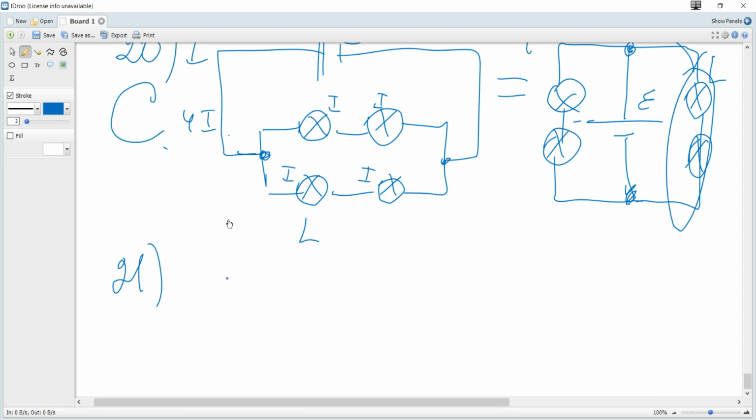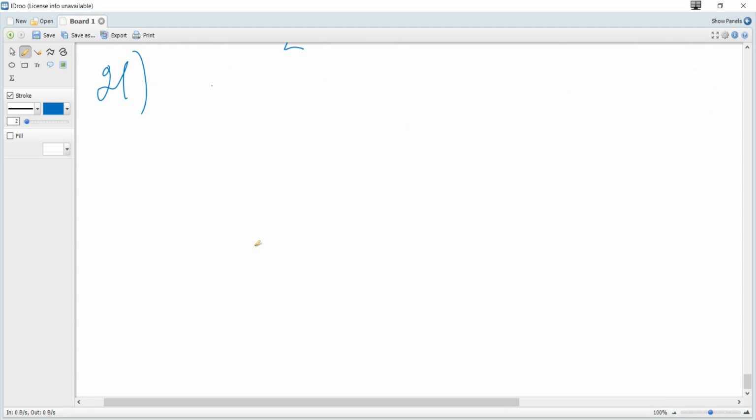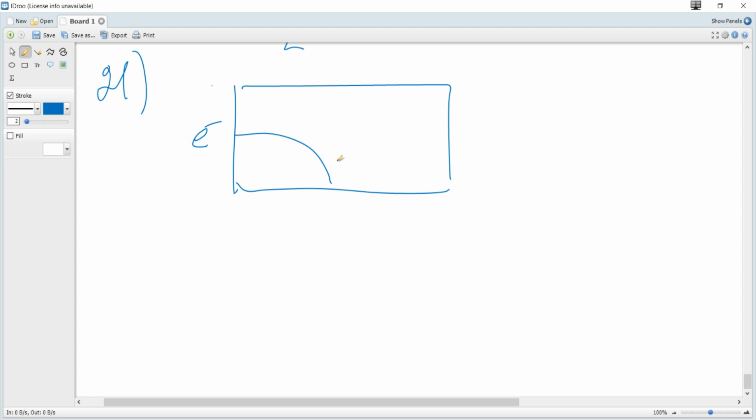21. An electron enters a region of uniform magnetic field at speed v. So magnetic field, electron with speed v. The direction of the electron is perpendicular to the magnetic field.